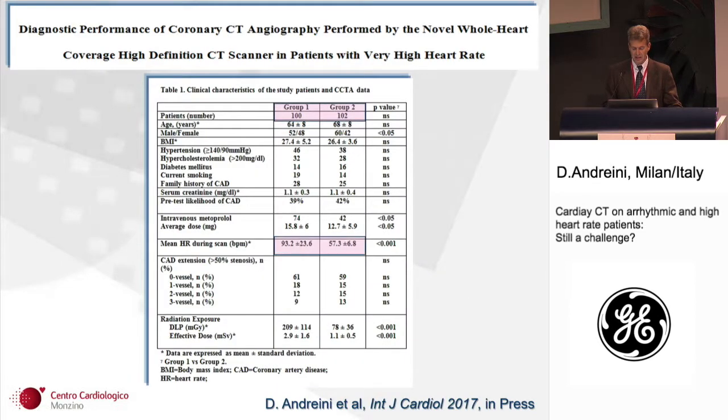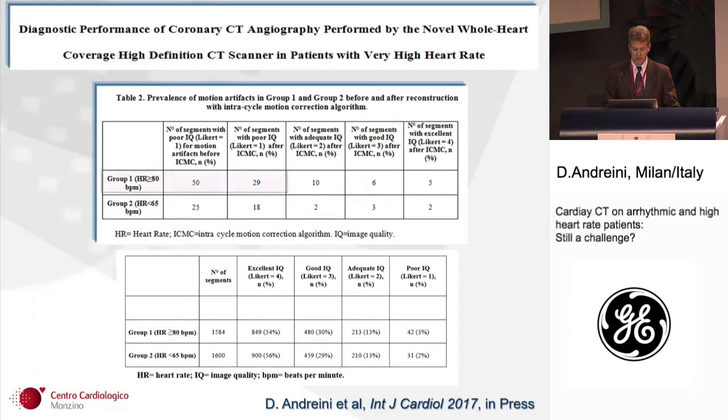Here are the data. The heart rate during the scan was significantly different, 57 versus 93 BPM. The dose was very interesting. We have 1 millisievert in the low heart rate group and a good value of 2.9 in patients with more than 80 BPM. Good data, particularly comparing with the previous literature.